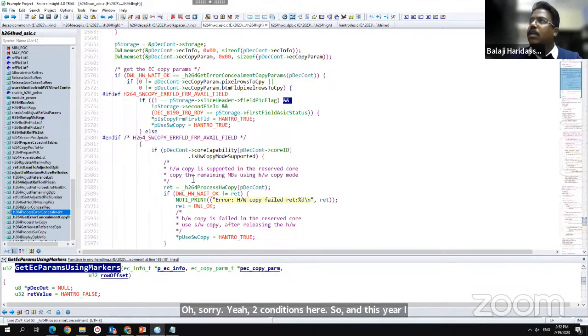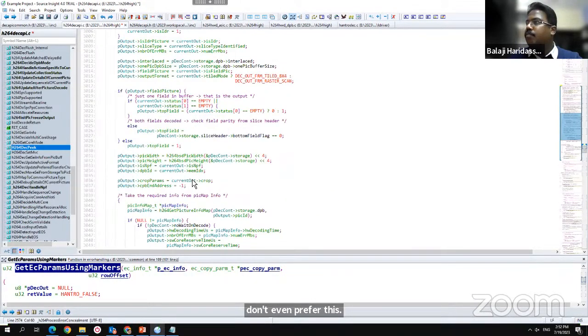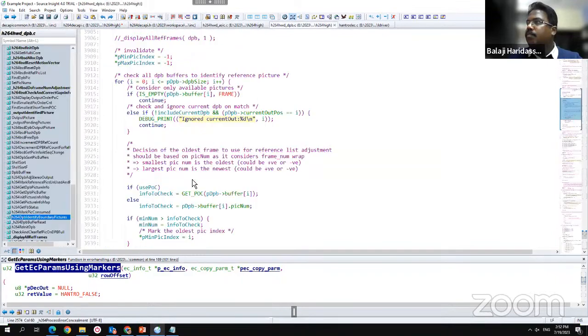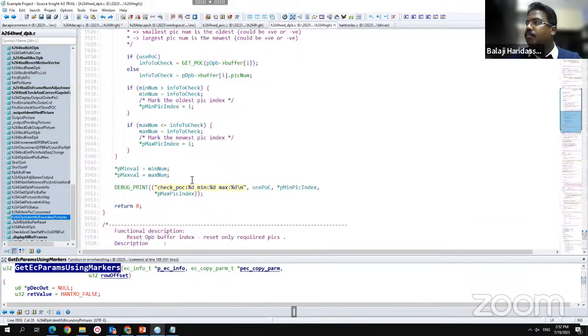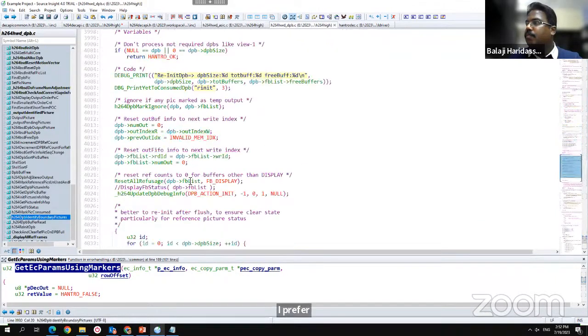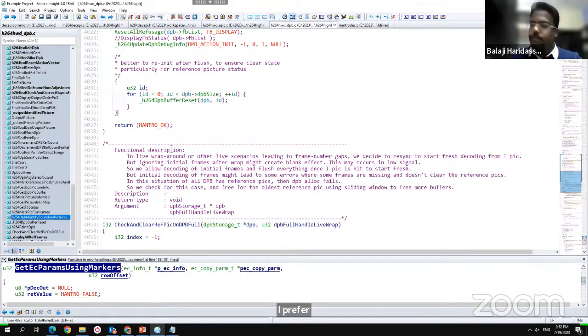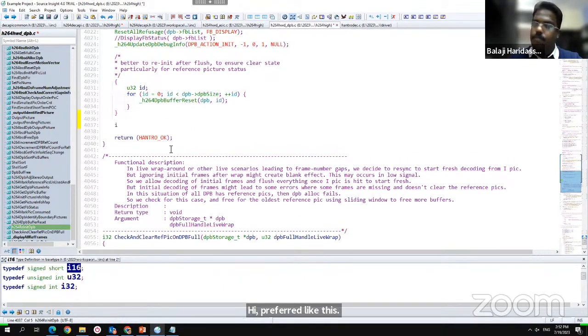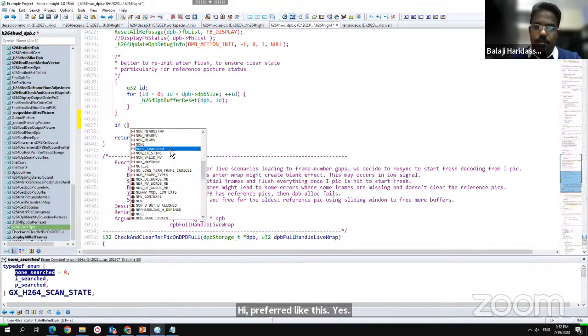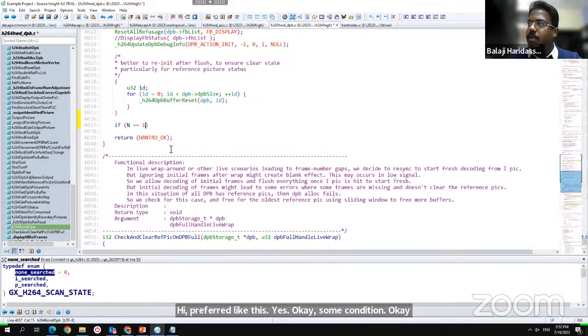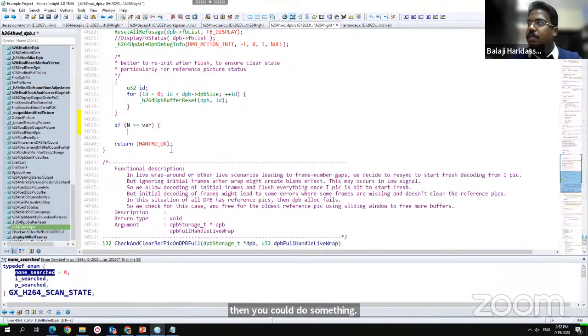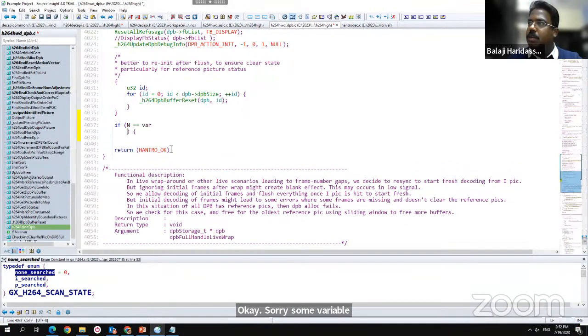I prefer like this: if some condition, n equal to something, some variable, gap, and if at all there are multiple conditions you have to check, bring it down, indent. I think here the indent is more. I think you should have an indent of 3, mostly.